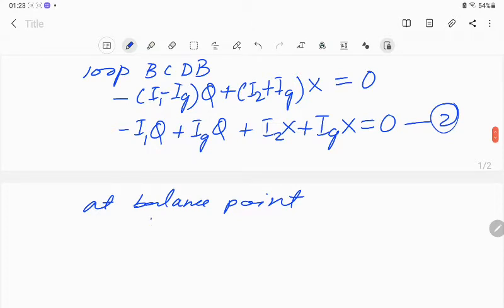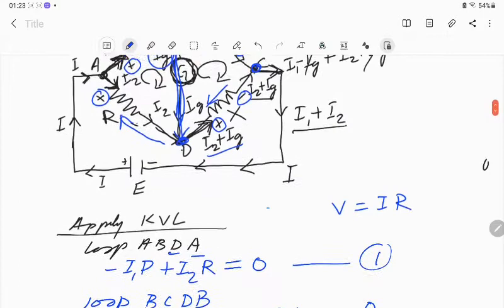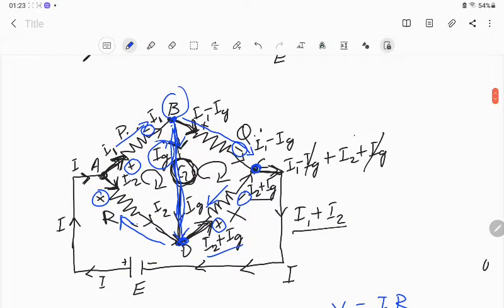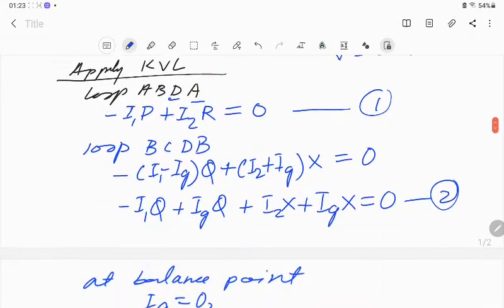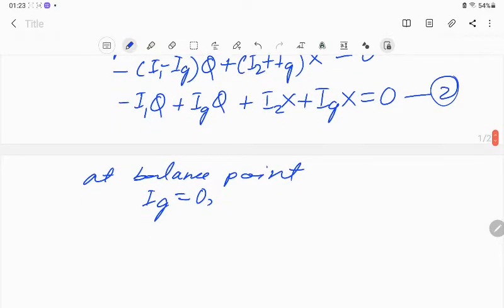At balance point Ig equal to 0 because potential at B and D are same. So since they have same potential, current will not flow, because current only flows when there is a potential difference from positive to negative. So if they have plus plus or minus minus, means same potential, then current will not flow. Okay.